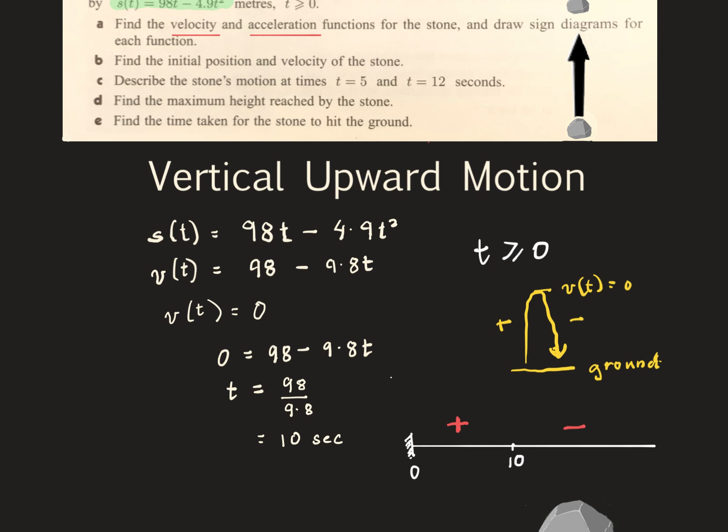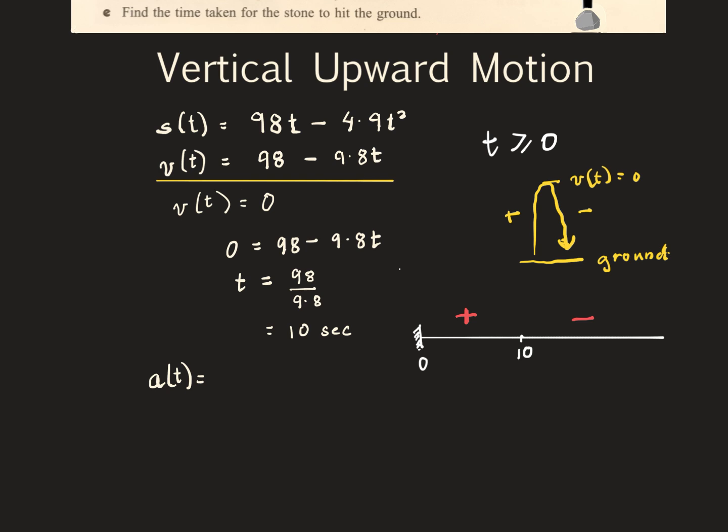So using differentiation, we look at that velocity function and we differentiate it to get the acceleration function. And using the principles of differentiation, all we get is a number, negative 9.8 meters per second squared. And the number is negative, so we can now draw the sign diagram below here.